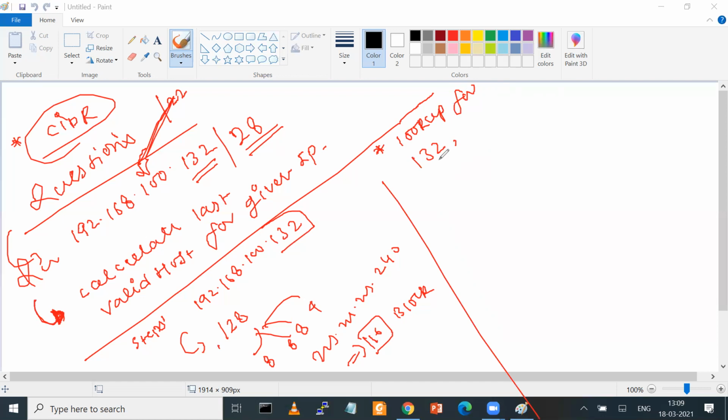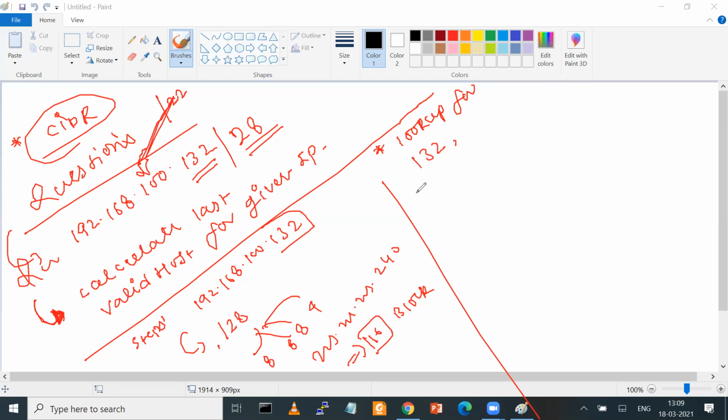If any question has a network bit that goes into the third octet, we look up the third octet number. But in my case it goes into the fourth octet, so we look up the fourth octet number, which is 132.